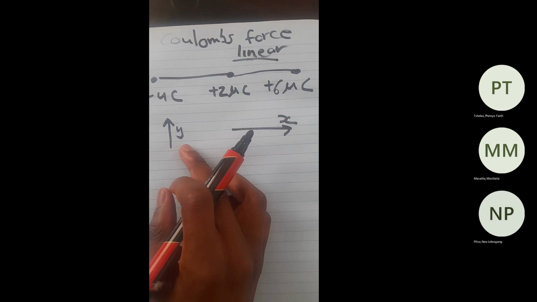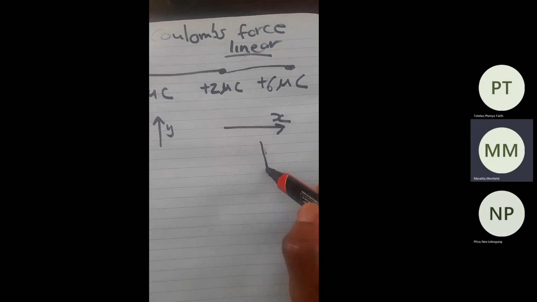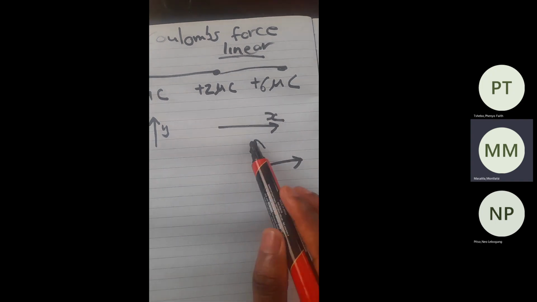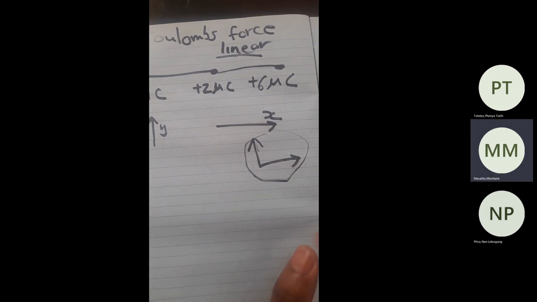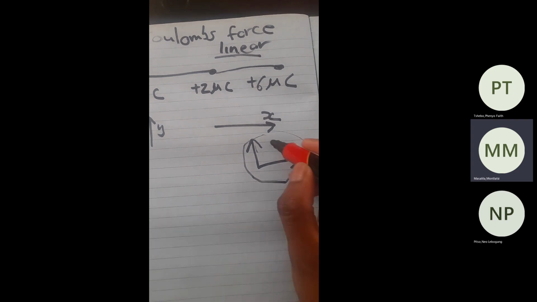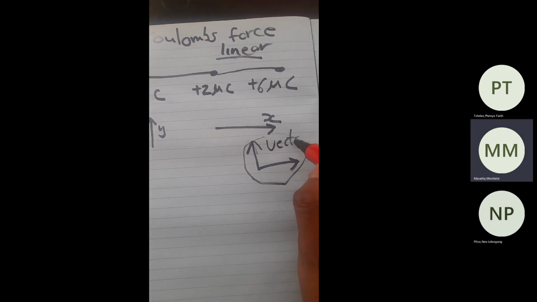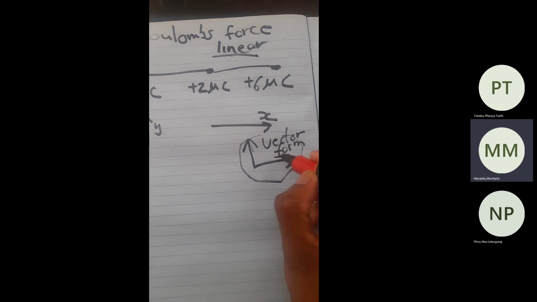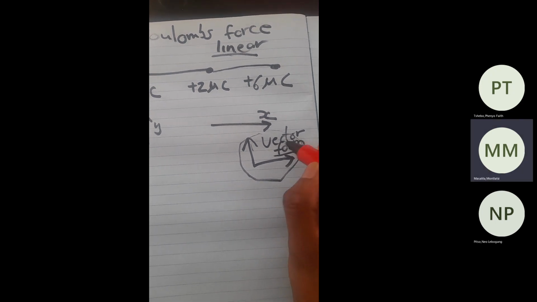But when the force is in two dimensions, we call that a vector form.